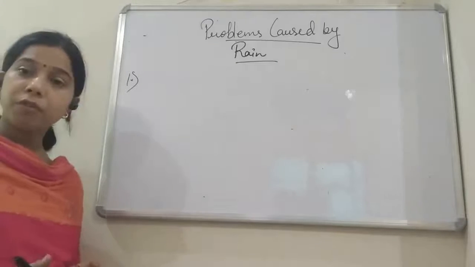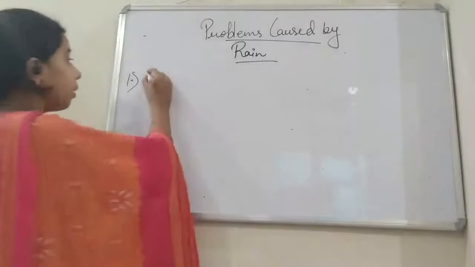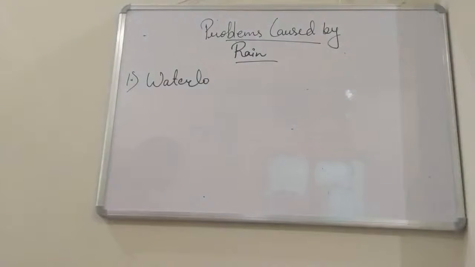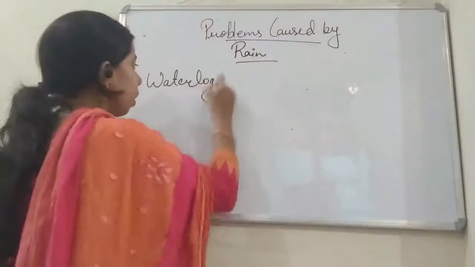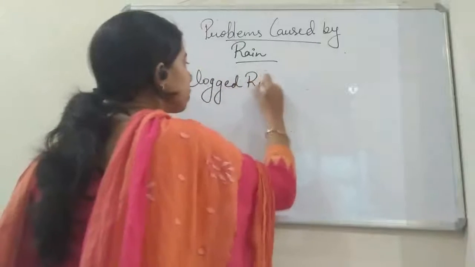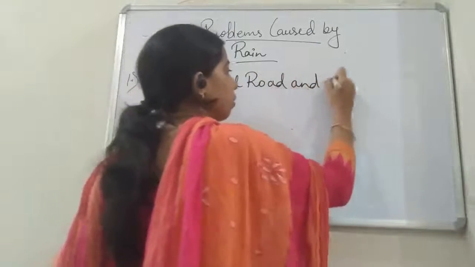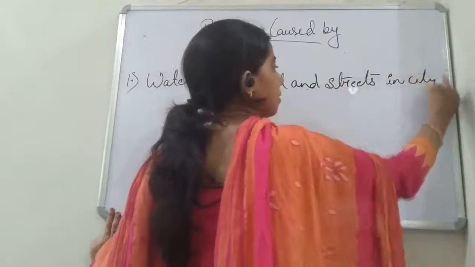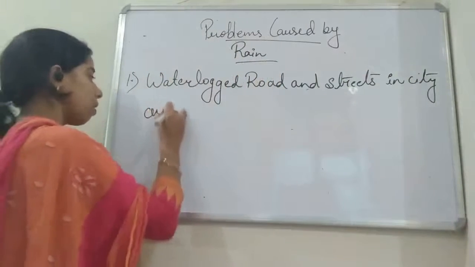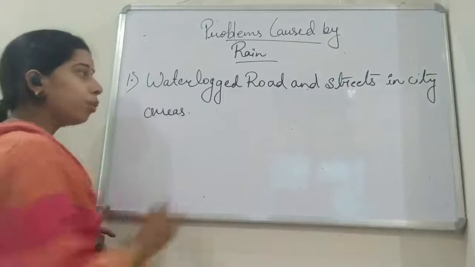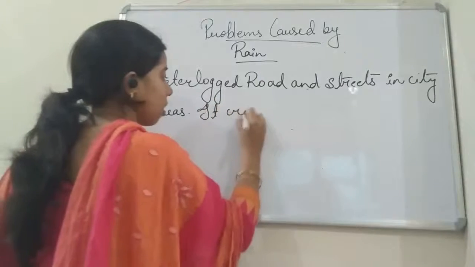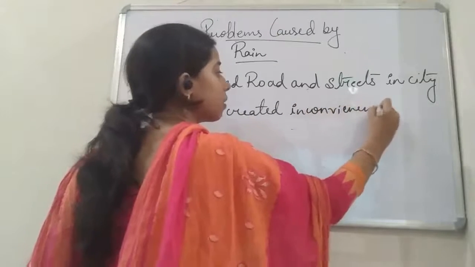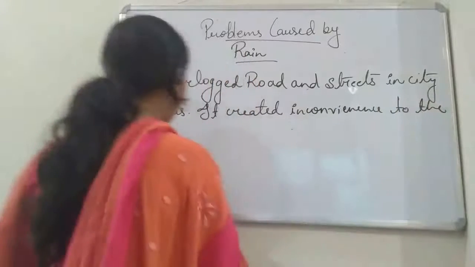So if heavy rainfall is there, it will lead to waterlogging, waterlogged roads and streets in city areas, which creates inconvenience to the people.